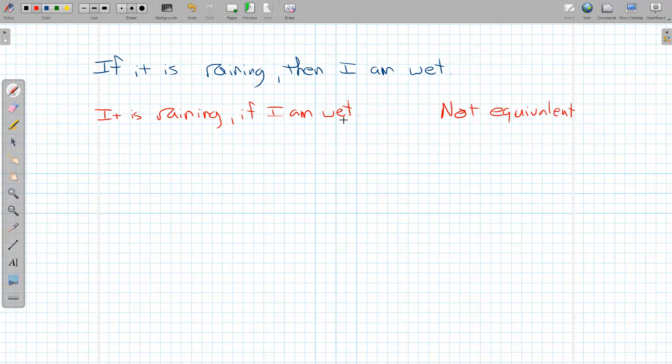So I could rewrite this red one here by saying, oops, no, I did that wrong. If I am wet, right? So I'm just going to try and reproduce this red statement in an equivalent way. So if I am wet, then it is raining.